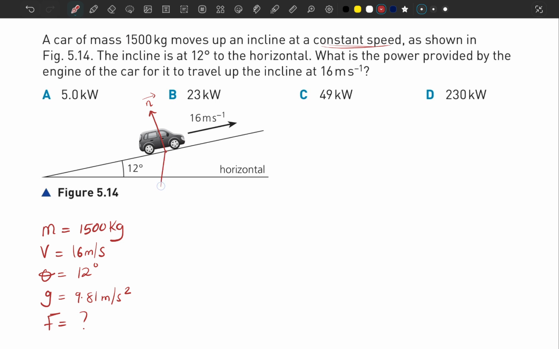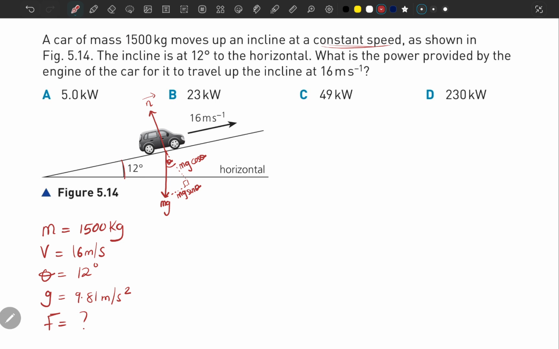The weight is like this, therefore the weight, mg, but there should be a component which is in the same direction as the normal force. Usually this is what we call mg cos theta, and here is mg sin theta. This is the same angle that we have here because these are just alternating angles.